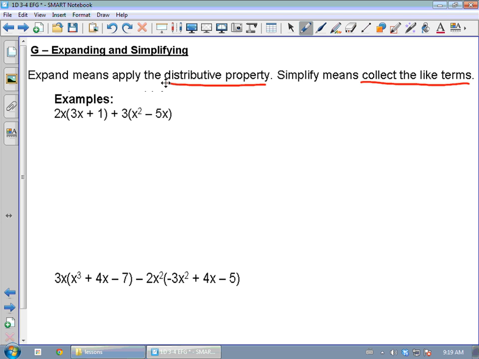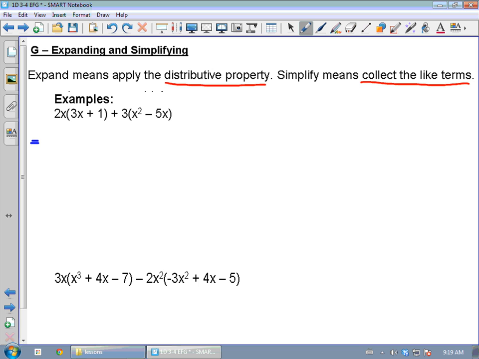What I see is I've got two things here. I've got one polynomial in brackets, 3x plus 1, with the 2x out in front. And then I've got a second set of brackets with a polynomial x squared minus 5x and a 3 out front. So I'm going to expand both of these using the distributive property.